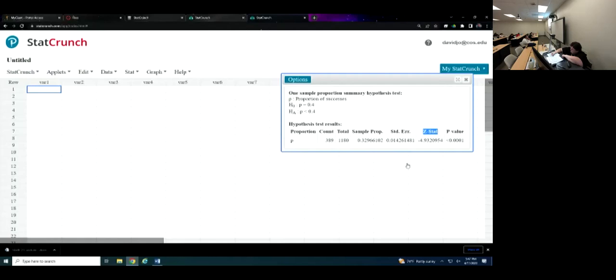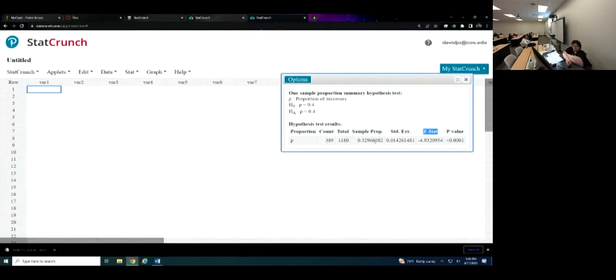And my p-value says it's less than 0.0001. Notice it gives the sample proportion right here. This 0.3296 is actually 389 divided by the 1180.